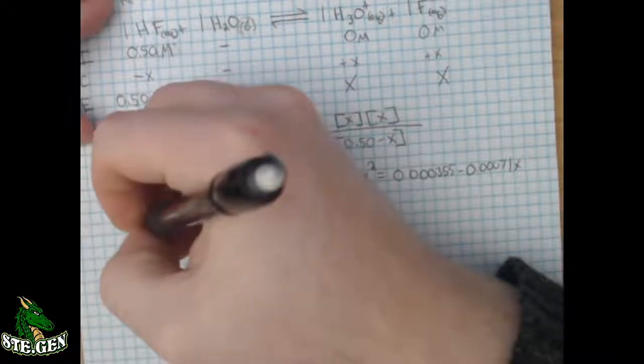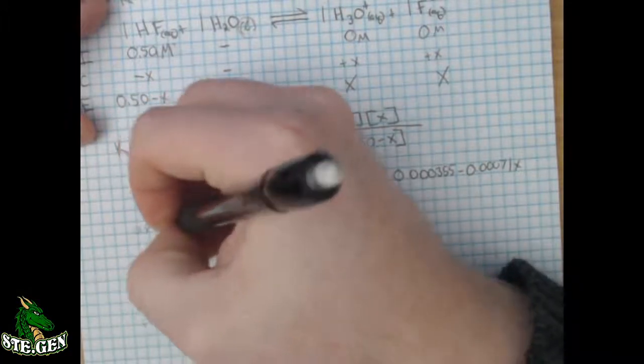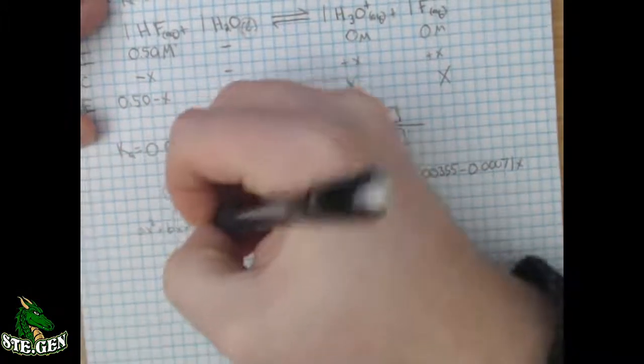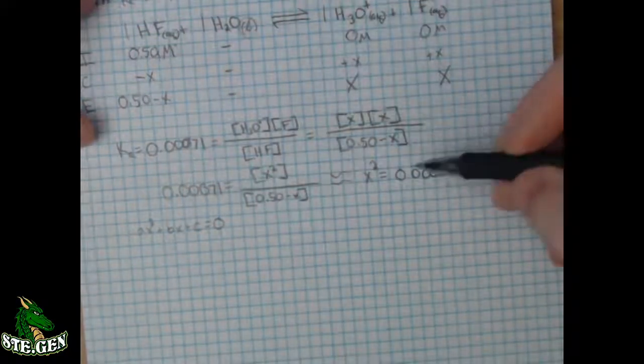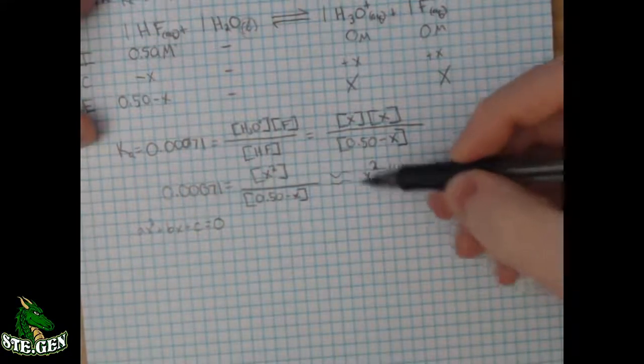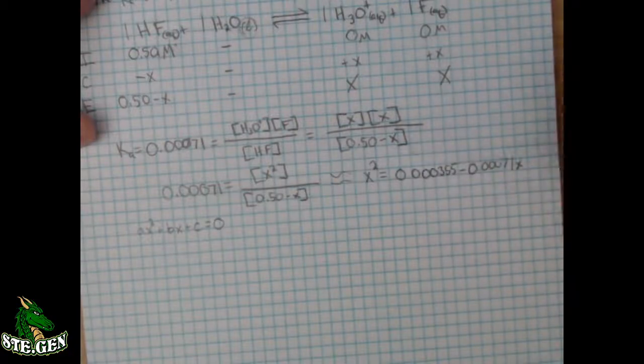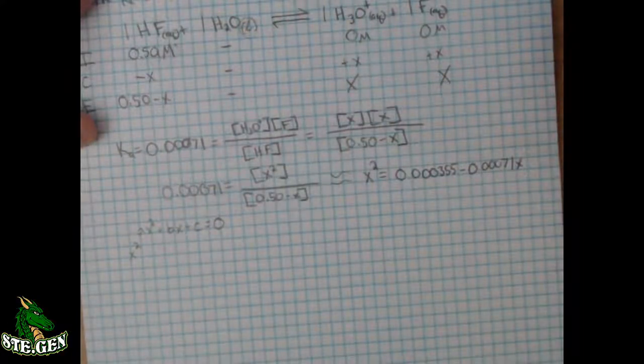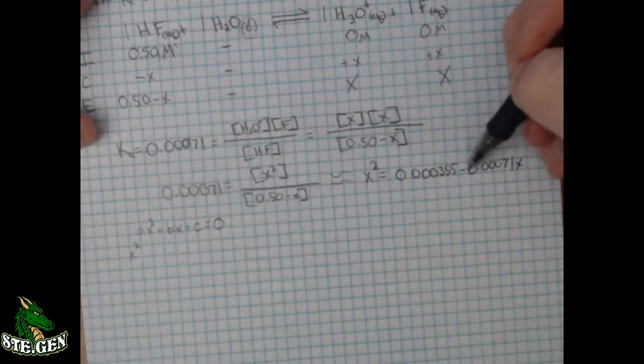So remember, we want to get that into the form ax squared plus bx plus c equals 0. I'm going to move these guys over to this side over here. So if I do that, I should end up with x squared, so nothing on that one. And then to get my bx, I'm going to add this piece over there.